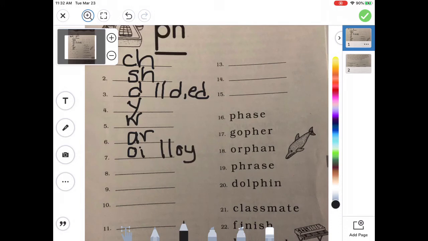Or OY, good job. What about the E sound? E, good job. How about B? And then our last one, how about T, or at the end, remember it could be T or ED.